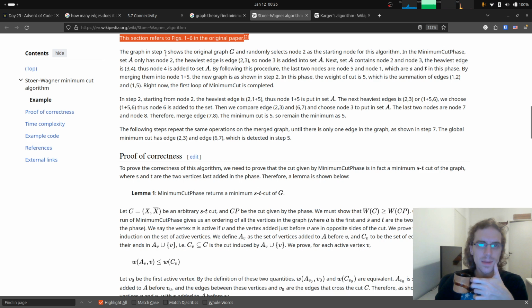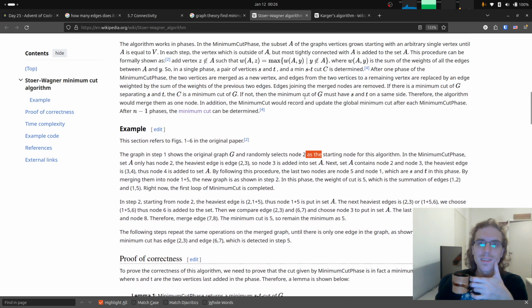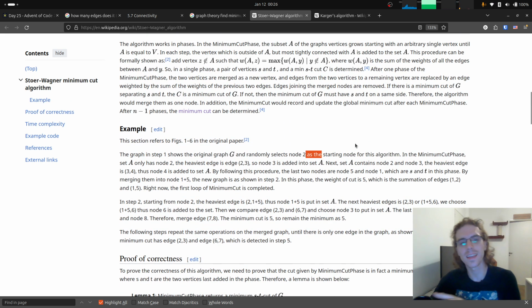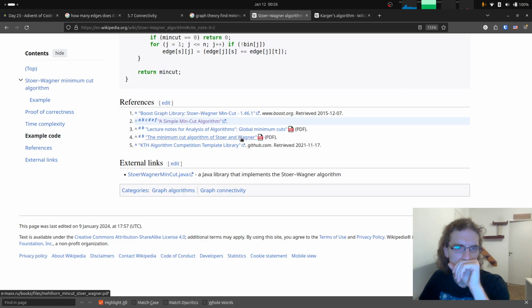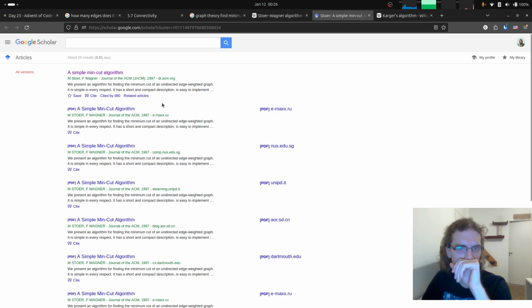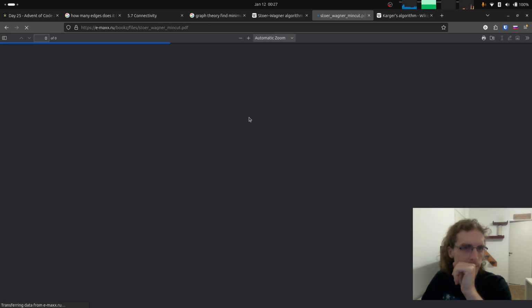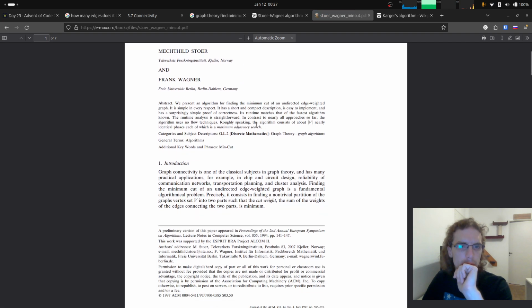The graph in step 1 shows the original graph G and randomly selects node 2. Okay, it talks about an image that I cannot see. Do I have the paper? The PDF, yeah, awesome.